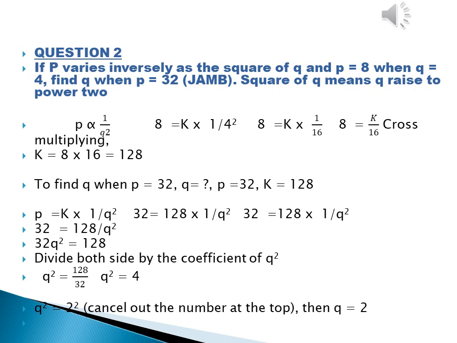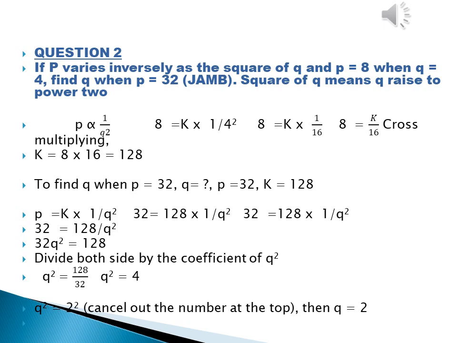To find Q when P is equal to 32, Q is question mark, P is equal to 32, and K is equal to 128. So P will be equal to K multiplied by 1/Q square. That is using the same relationship.